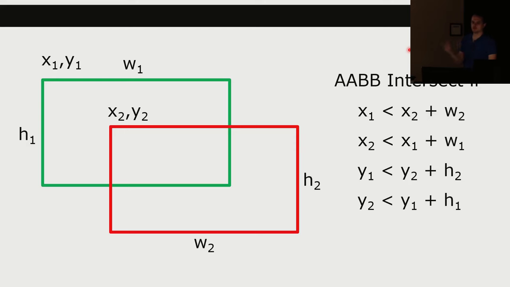That's much more efficient than the 16 of checking all the points, and the line segment one wouldn't even work, so we can't use that one. This is the most efficient way I've found of doing this. If any of those four things are not true, then there is not an overlap of the two AABBs.